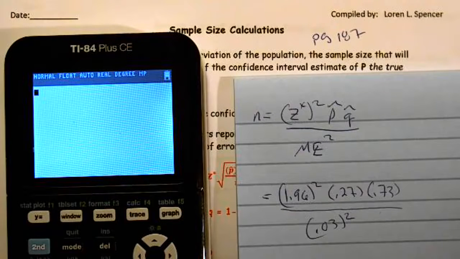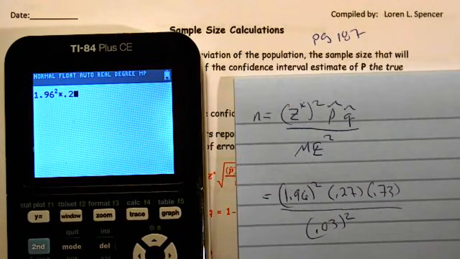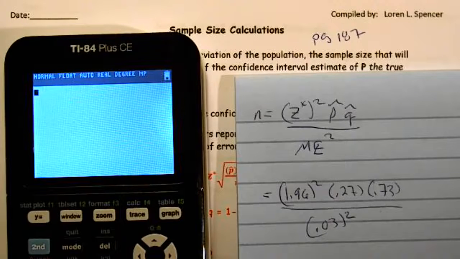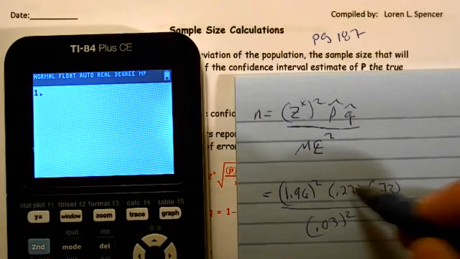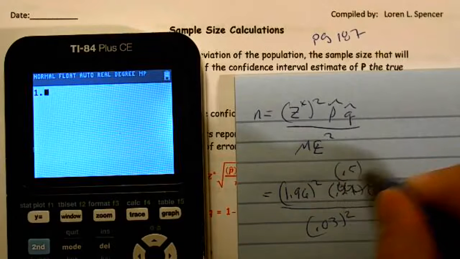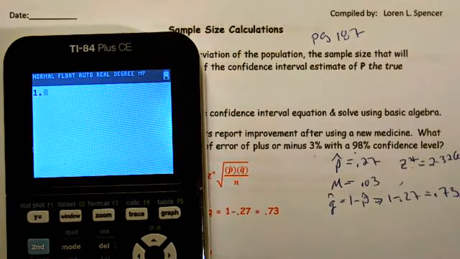Oh, 1.96 squared times 0.27 times 0.73 divided by 0.03 squared. And I'm still getting the wrong number. That's always, oh, never mind. I'm sorry, this is not that, this is 0.5. This was from the previous problem, so this should have been 0.5.